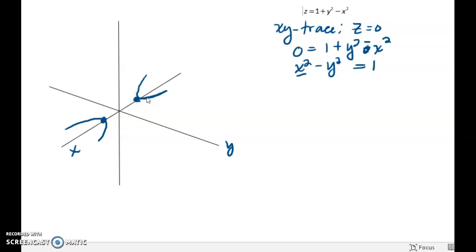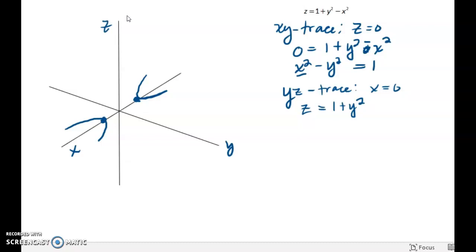Okay. Now let's take a look at, let's say, the YZ trace. Set x equal to 0, and we get z equals 1 plus y squared. That's a parabola.